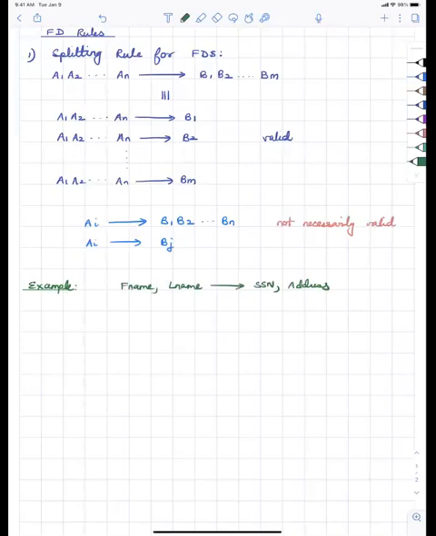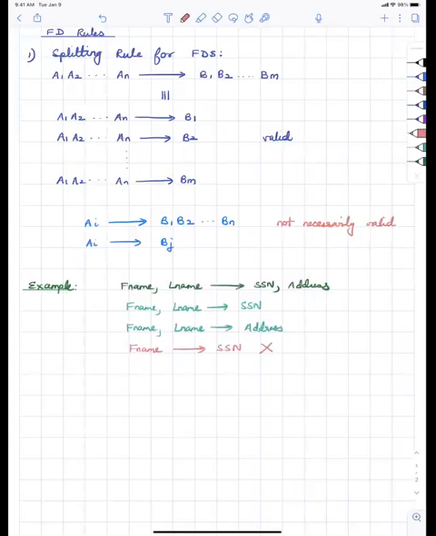If you have something like this, you can write it down as first name, last name determines SSN, first name, last name determines address. But if you wrote down first name determines SSN, that is not necessarily correct. Maybe that doesn't hold true. You might have two people with the same first name. So that is the splitting rule of functional dependencies. You can understand that intuitively.